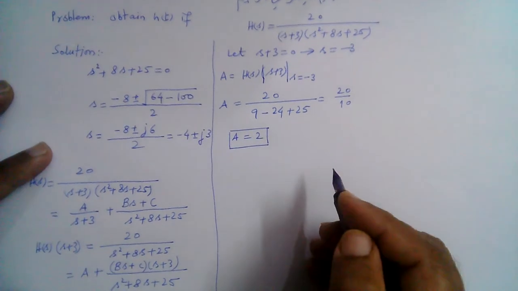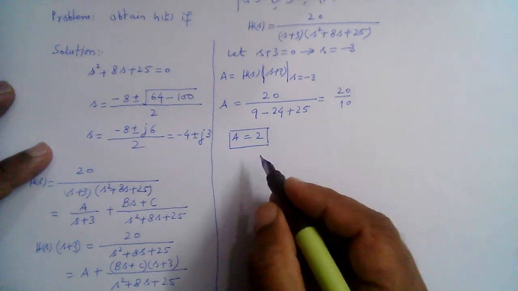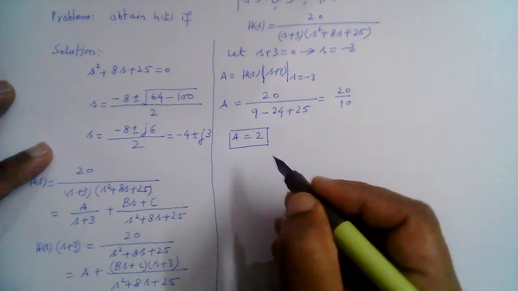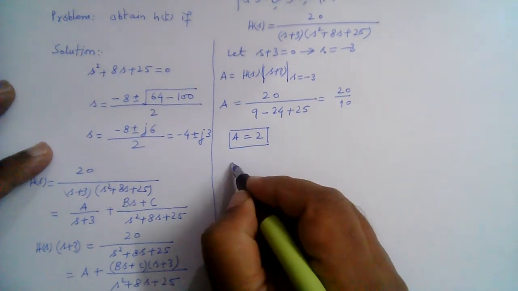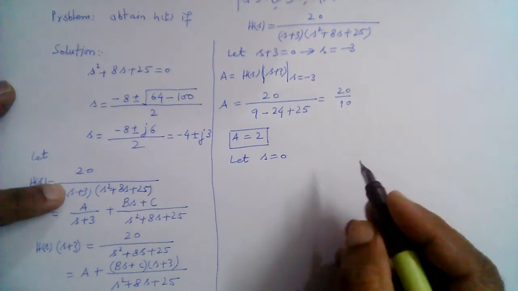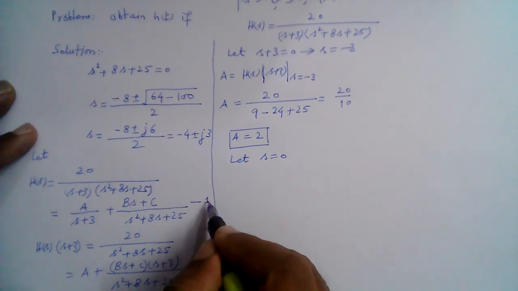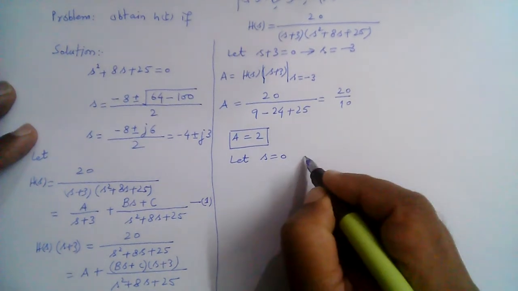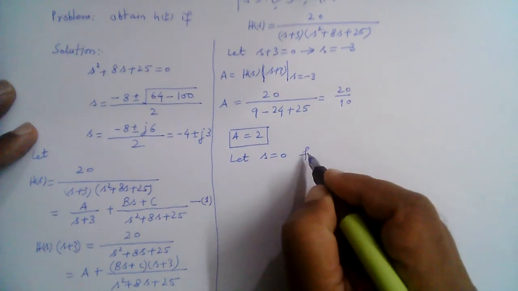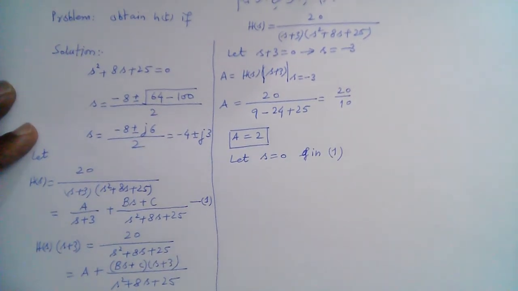Now to find the value of B, we can proceed in many ways. One of them is to take an arbitrary value of s. So let s be equal to 0. Let's call this equation number 1 for reference. Let s equal 0 in equation 1.